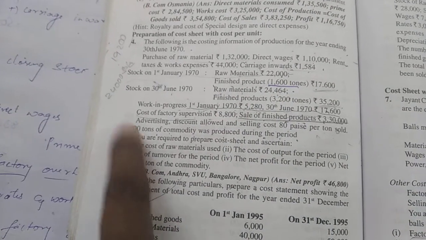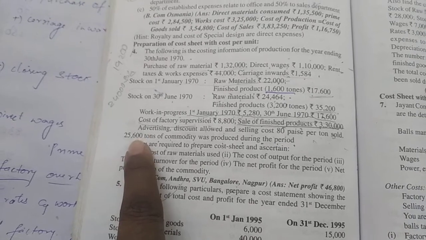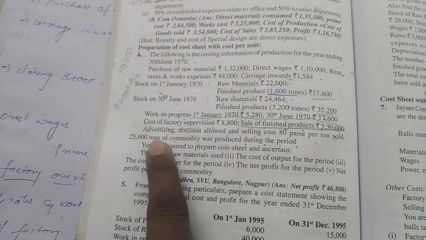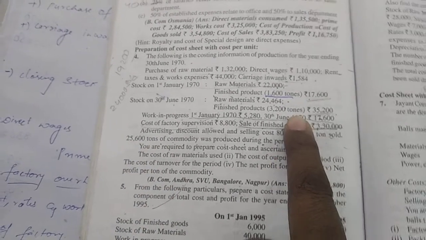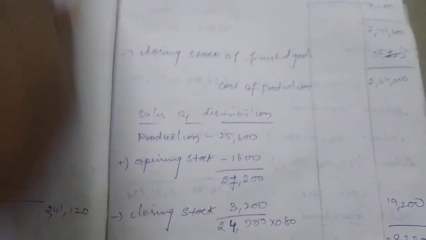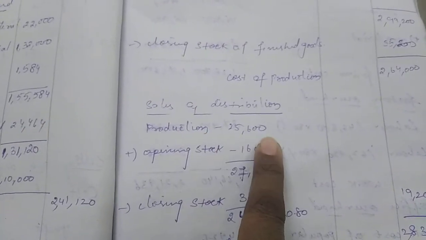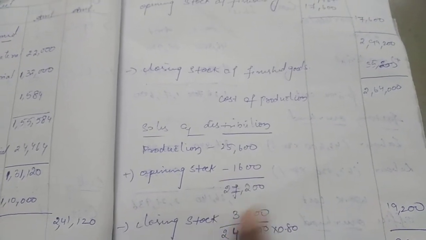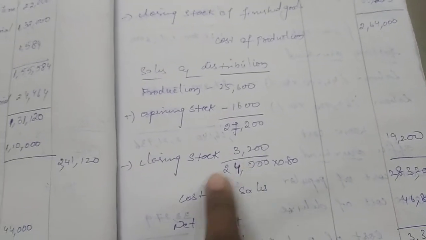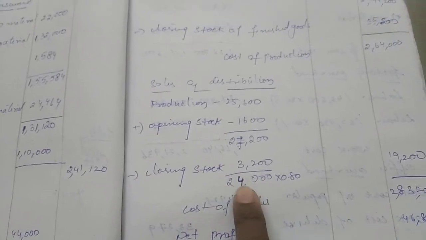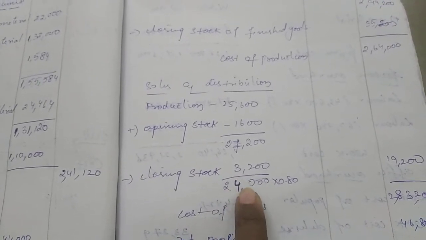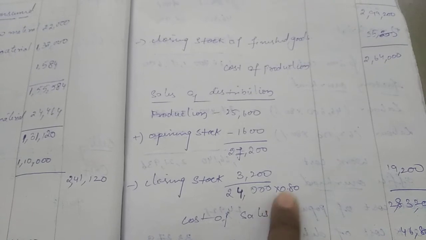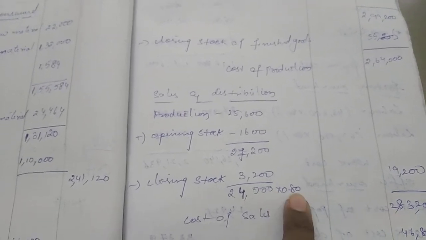Next, current year production, 25,600 tons. From that minus closing stock of finished goods. So finally, how many units have been sold here? 24,000 units have been sold.